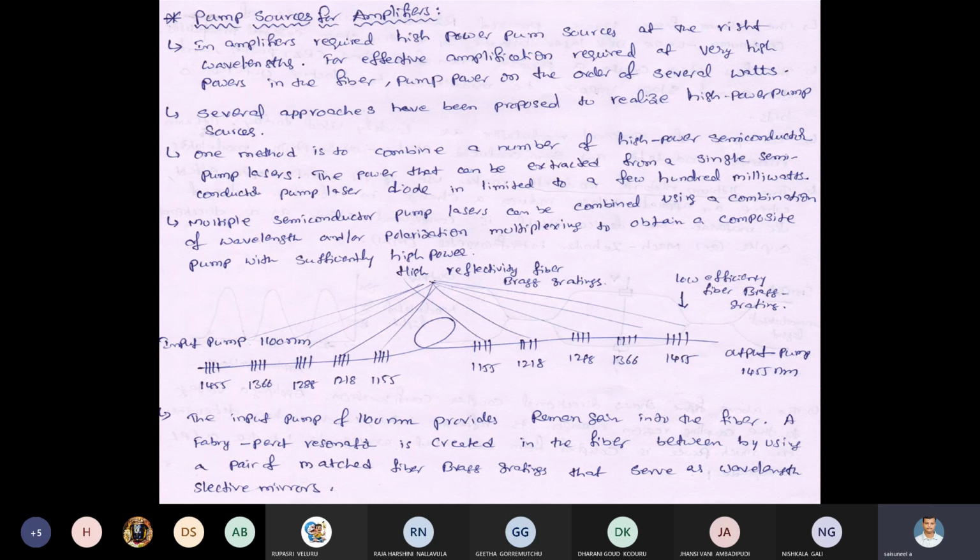Here, see this one. In this pump source, this is the basic optical fiber cable. We have to use Bragg gratings. You know the concept of Bragg gratings. What is the use of Bragg gratings? Bragg gratings are used to change from one mode to another mode.